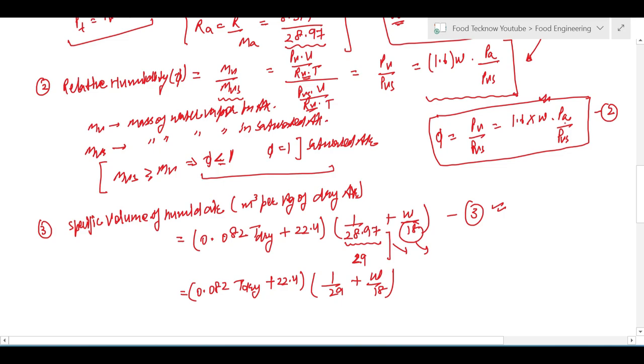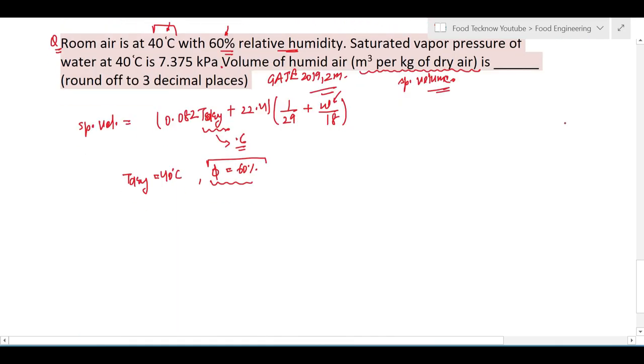So let's write this formula again. Phi is equal to 1.6 into W into PA divided by PVS.